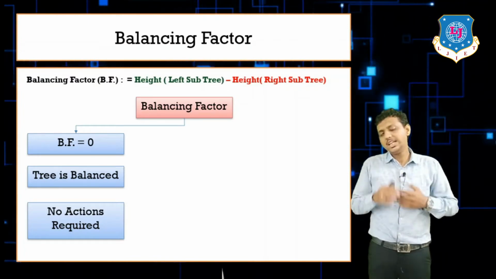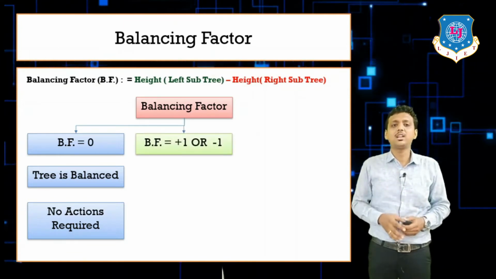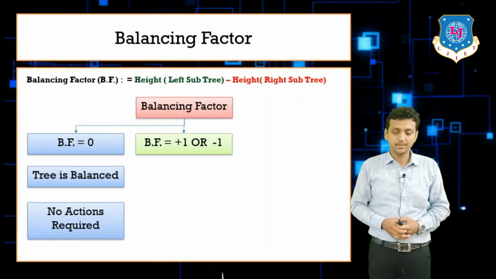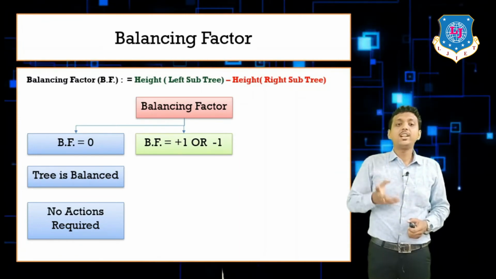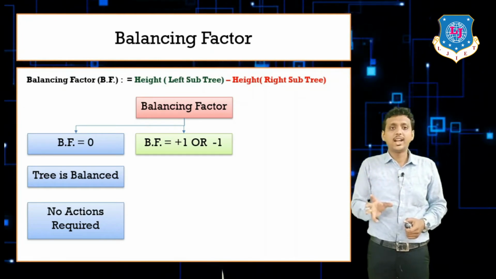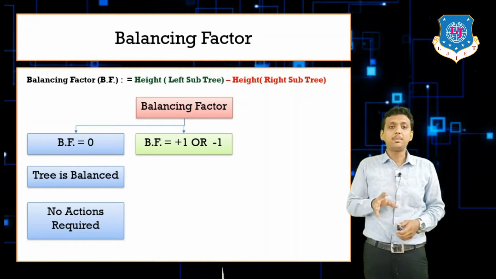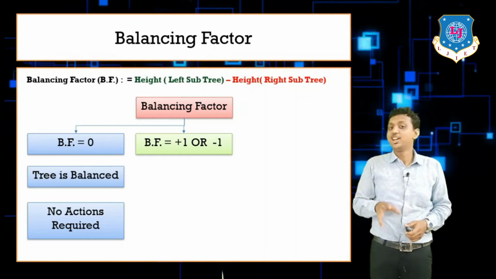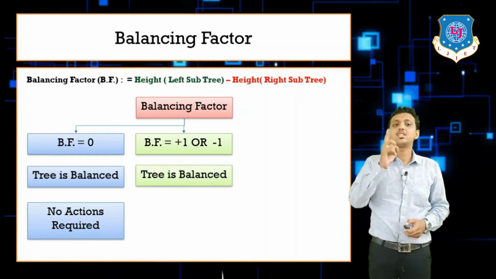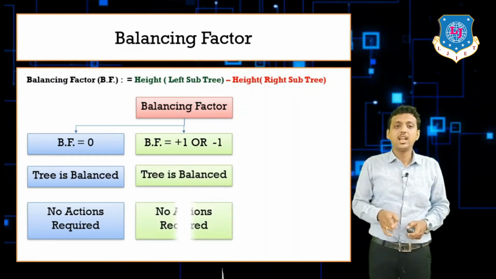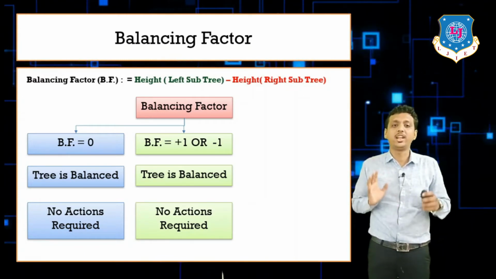Fine. Now next we have, students, balancing factor equal to plus or minus 1. See, the AVL tree definition contains a rule that the height difference should not be greater than 1. That means if your balancing factor is minus 1 or plus 1, then the tree is also known as a balanced tree, and you do not worry about any actions to be performed on that tree.